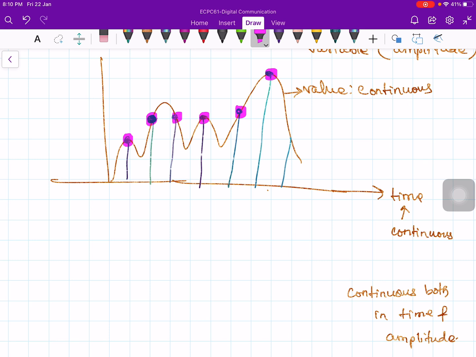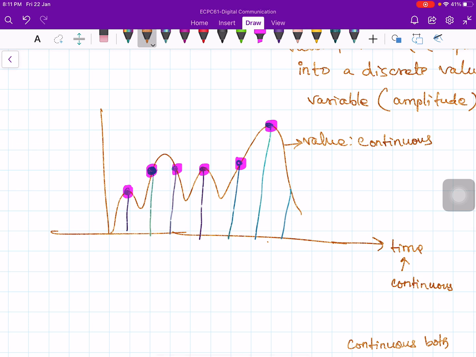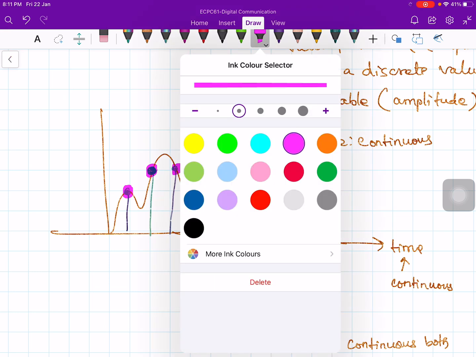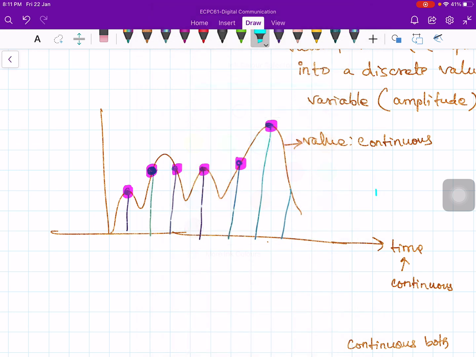What you now do is assign each of these sample values to one of these discrete levels. So let me draw some discrete levels like this. These are discrete levels.